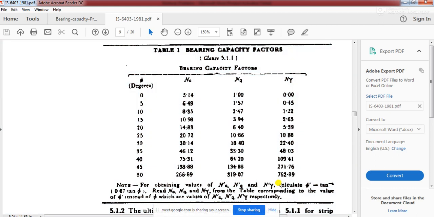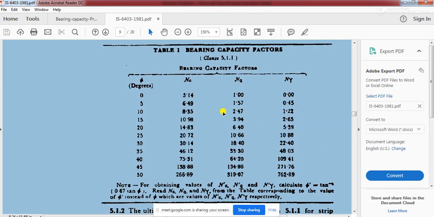So this is what we have explained. Calculate phi dash equal to tan inverse of 0.67 tan phi. Then read Nc, Nq, N gamma from the table corresponding to the value of phi dash. Phi dash means, in the Word document, what I have written as phi m, the mobilized shear strength parameter instead of phi, which gives the values of Nc dash, Nq dash, and N gamma dash.